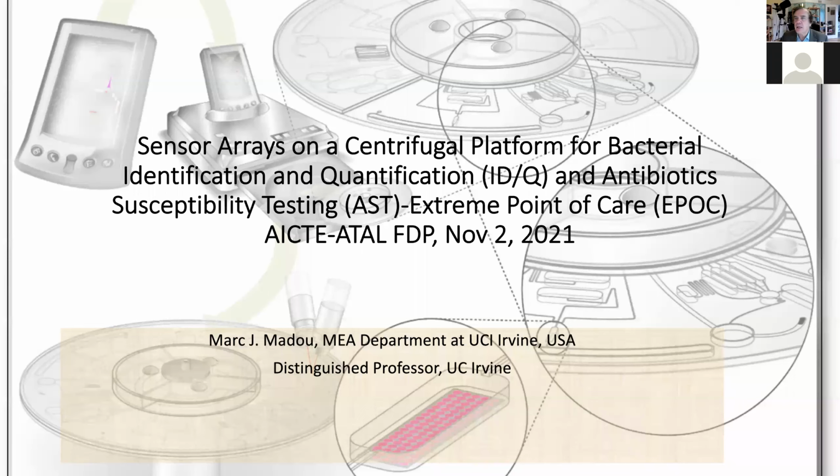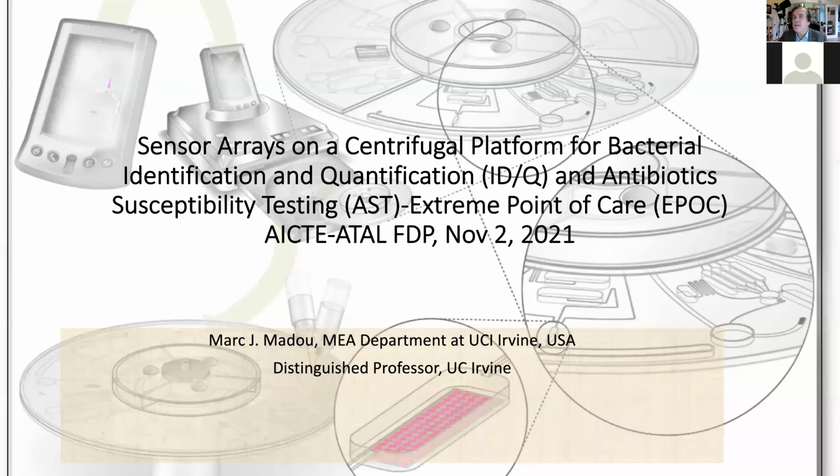It's basically a protein array that we spot on a piece of paper, nitrocellulose. And we put that on a centrifugal platform, basically a spinning compact disc. And we do that for bacterial identification and quantification, so we call that ID/Q, and antibiotics susceptibility testing, AST.